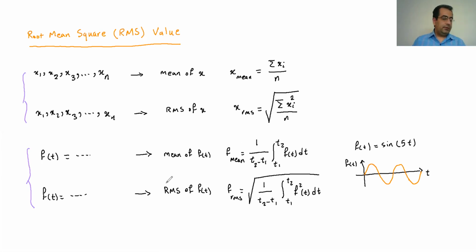So why do we actually need this? When it comes to calculating, for example, the power in the circuit, we know that the power in the circuit is made of the resistance.